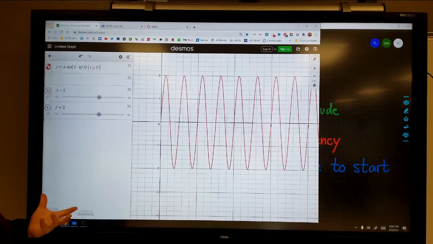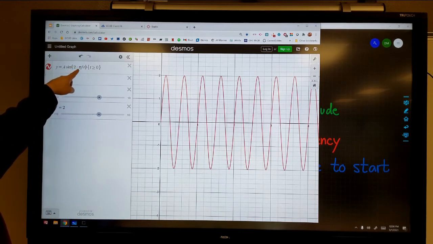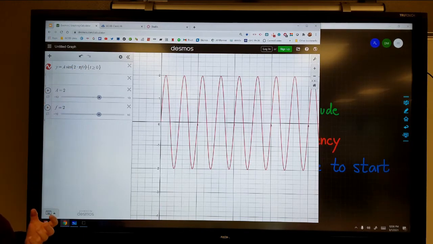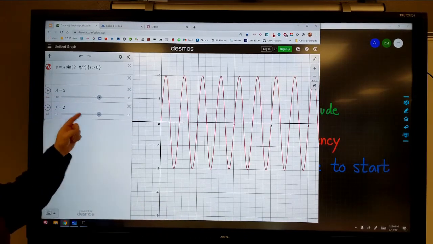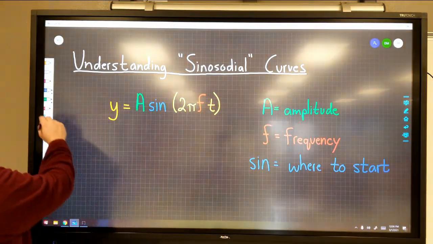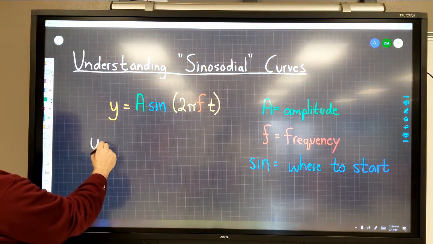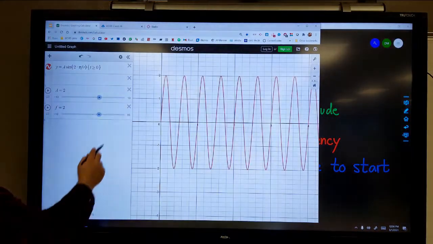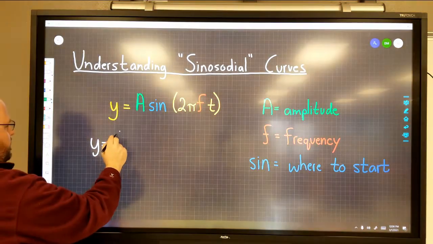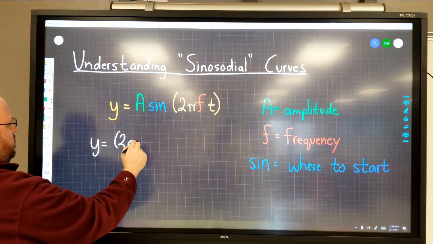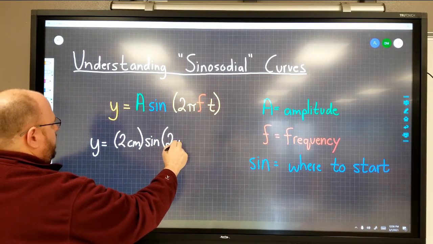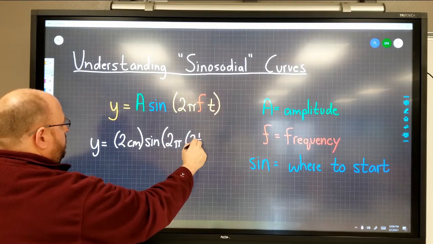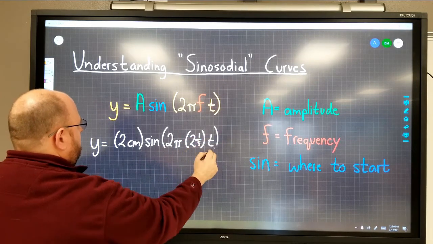Now, when you write the equation, like on a piece of paper, typically you wouldn't write a 2 and then a pi and then another number for the frequency. So typically how we would write this particular equation with the frequency of 2, we would write y equals, so in this example my amplitude was 2, and since we're physics students, let's give that a unit, maybe 2 centimeters, sine 2 pi and then 2 hertz was the frequency times t.